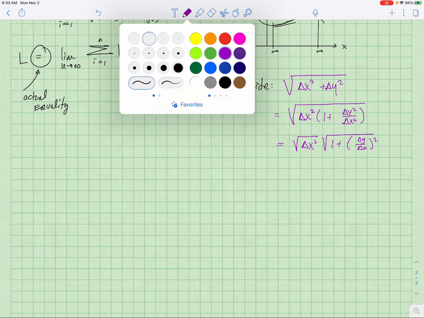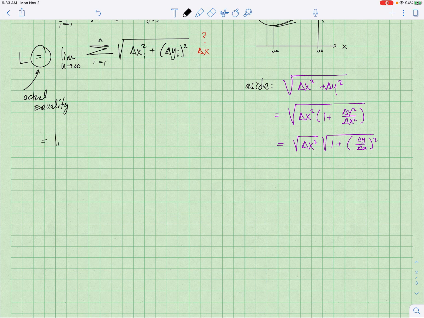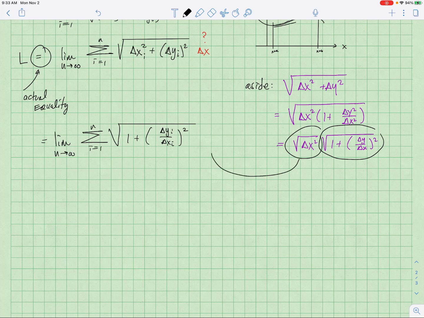So this then becomes equal to the limit as n approaches infinity of the sum from i equals 1 to n. I'm going to write this term first. The square root of 1 plus the quantity delta y sub i over delta x sub i squared. And then the square root of delta x squared is just delta x. So check. Now we have what we're looking for.